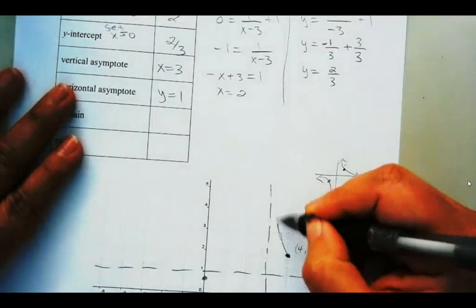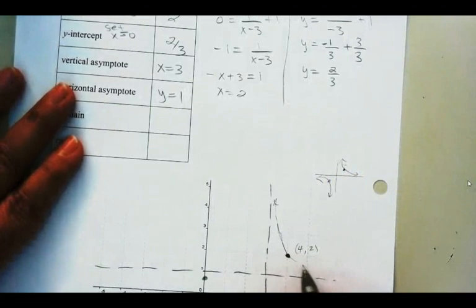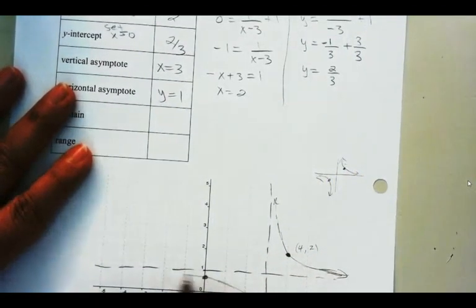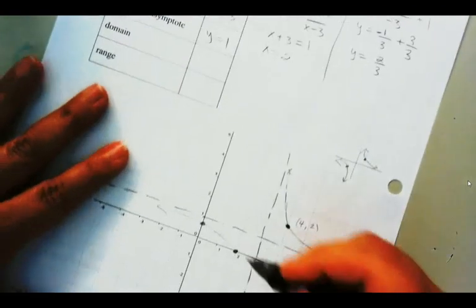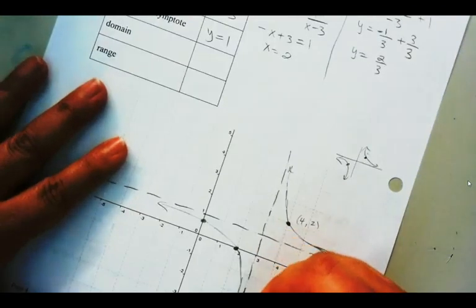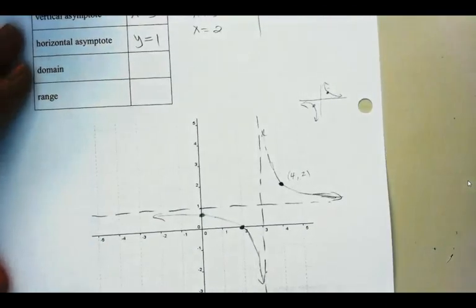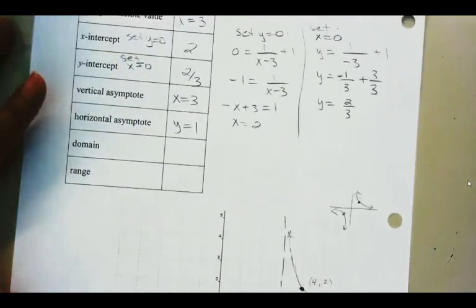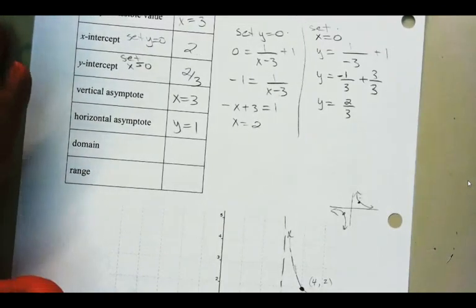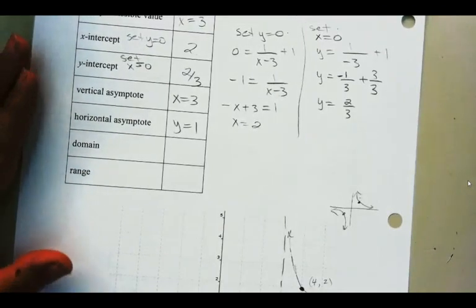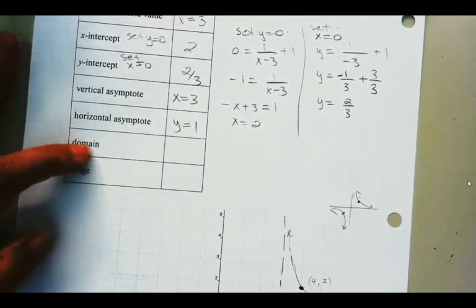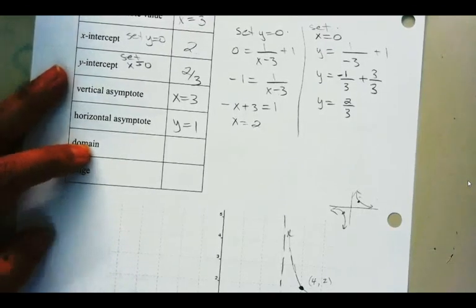And then I could just draw in the shape for that. As long as you have a couple of nice points, you're good to go. So what's our domain and range for these? Our domain refers to the x values that are permissible.